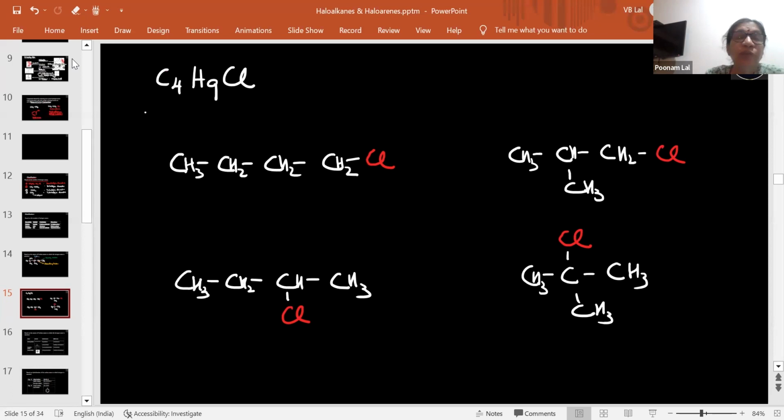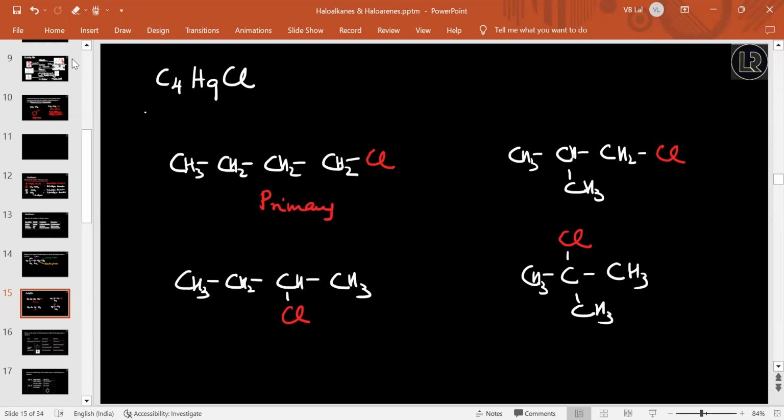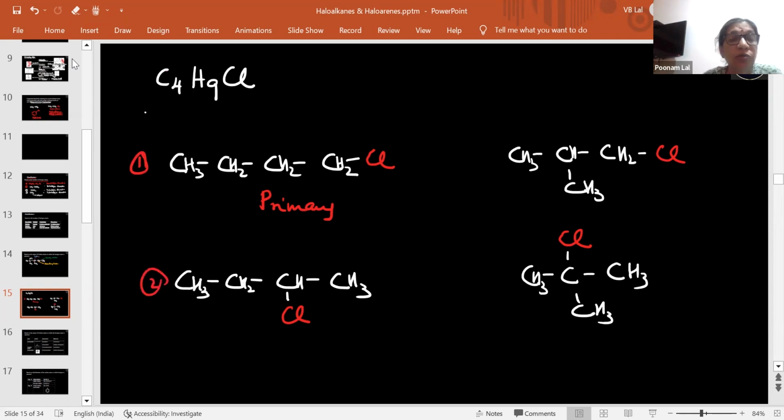Tejas, the first one, is it a primary, secondary, or tertiary alkyl halide? Ma'am, it's primary. It is primary. Very good. Hari Raghav, the second one here: this is 1, this is 2, this is 3, this is 4.